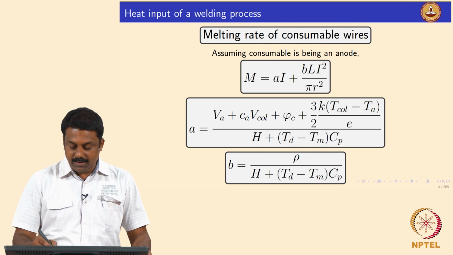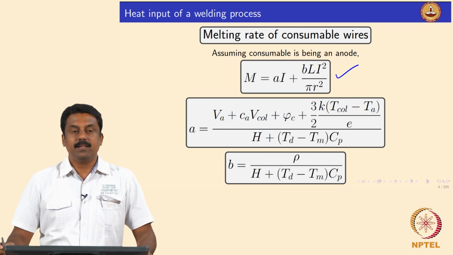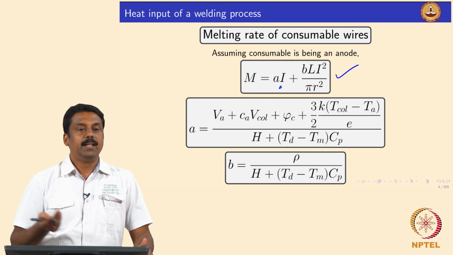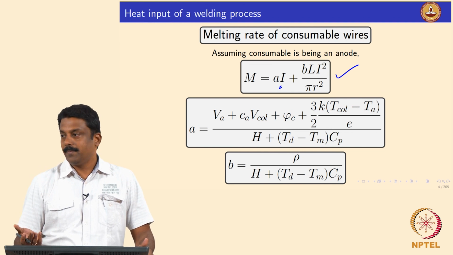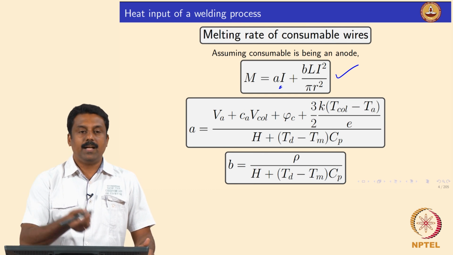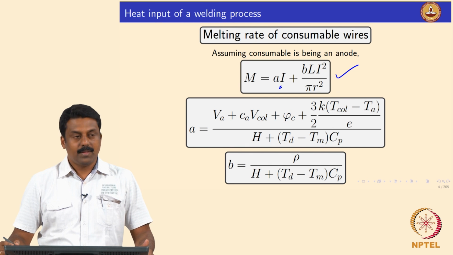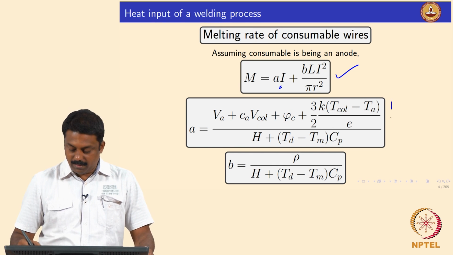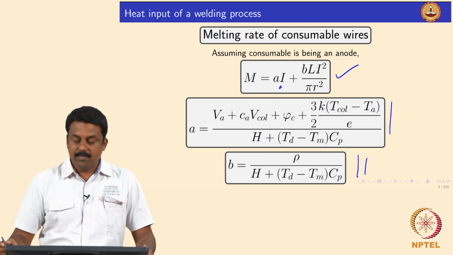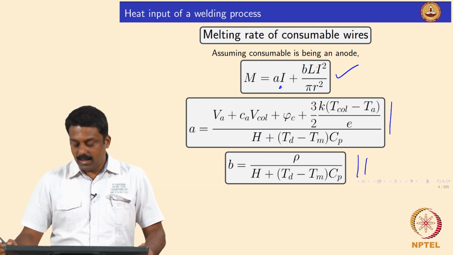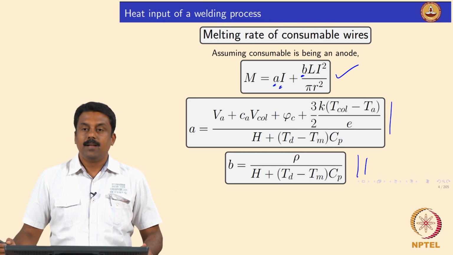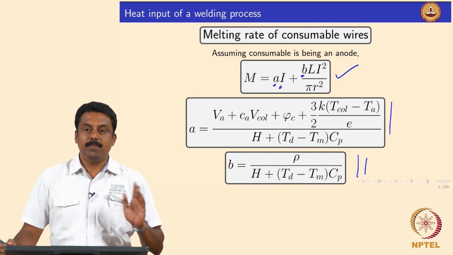Using that we can derive a simple equation, because there is an I term in the QA term and an I square term in the Joule heating term, and A and B are constants for a given material and given process conditions. So, we can take A and B out because they are constant. Ultimately you end up with an equation like m = AI + B L I square by pi r square, and A and B we can calculate for a given process condition and a given material.